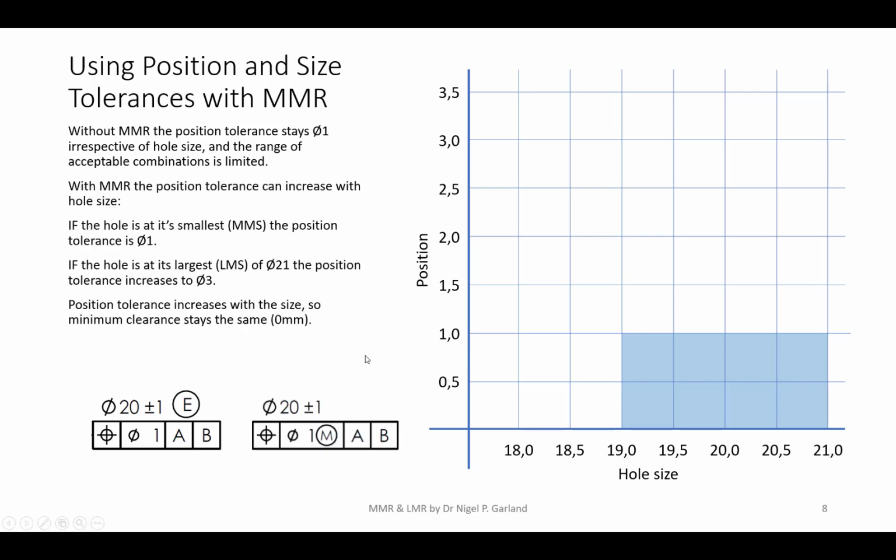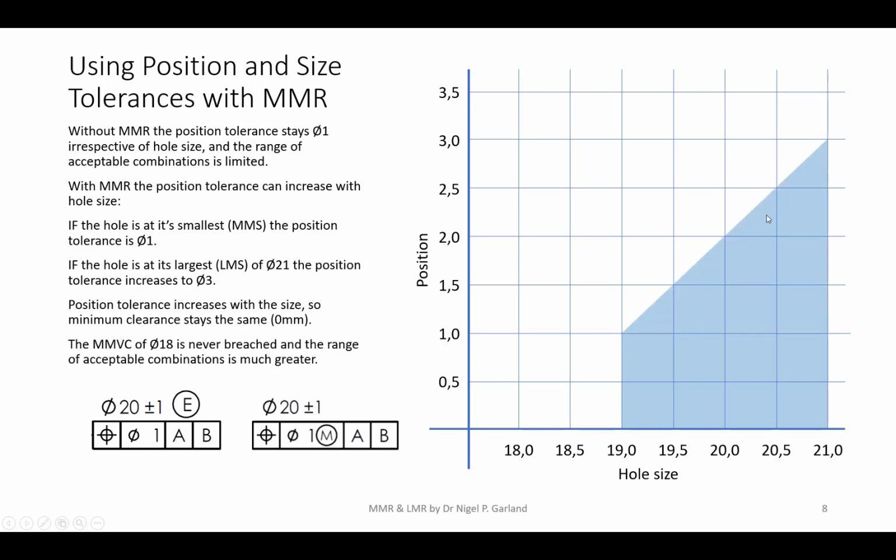Let's have a look what happens when you apply maximum material requirement. We're allowing that position to expand out. But all the time, we're thinking about the maximum material virtual condition of 18. So 19 minus 1 is 18. 21 minus 3 is 18.